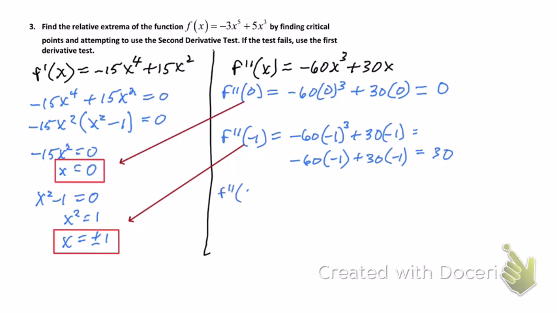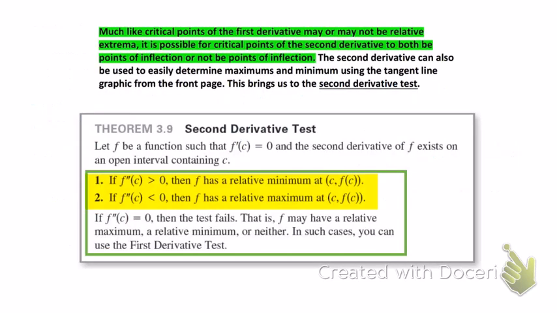And finally, +1. And I get -30. What does that tell me from the second derivative test? It tells me that I've got a relative minimum here and a relative maximum here. It's the reverse of what you'd think. But go back and look at the second derivative test and see what it's telling you.